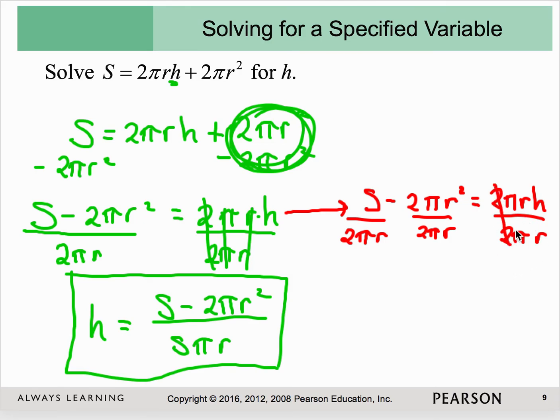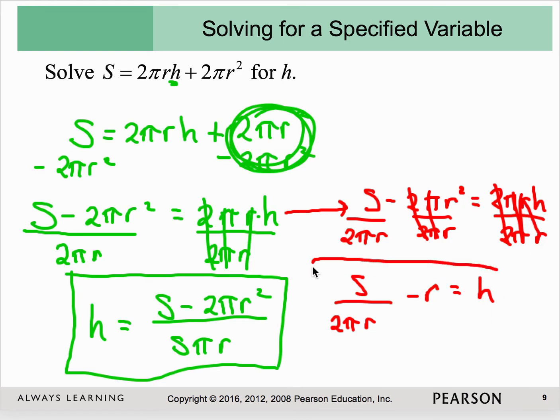Now, not only will this stuff cancel, but some of this stuff will cancel also. Now, I'm going to have one of these r's cancel because that's r. These both technically are correct. Your homework is going to want it like this, though. Okay?